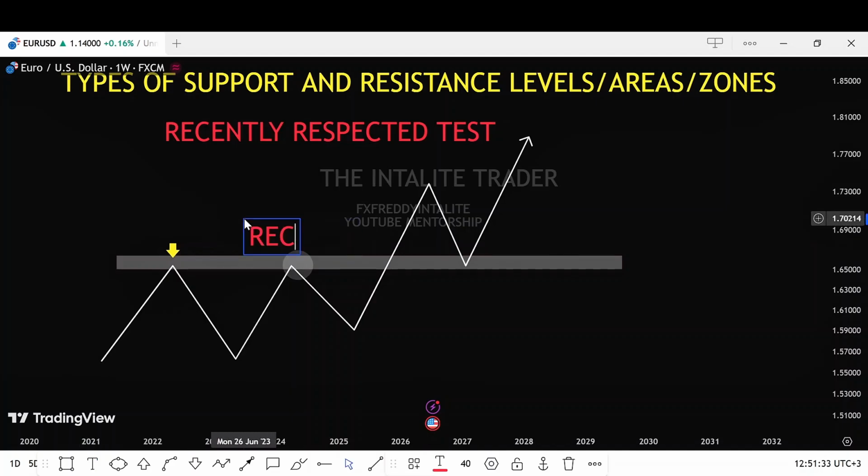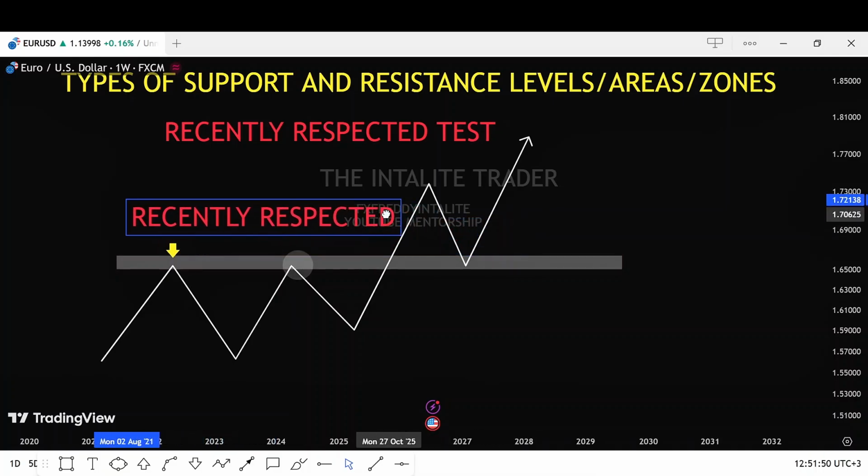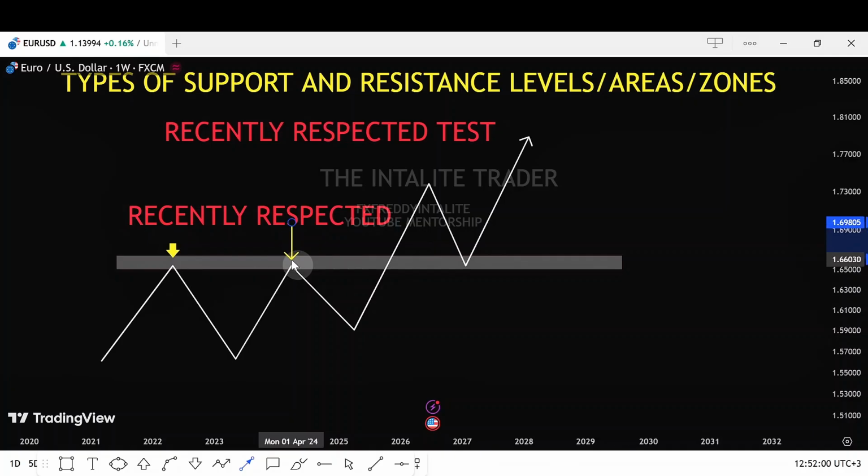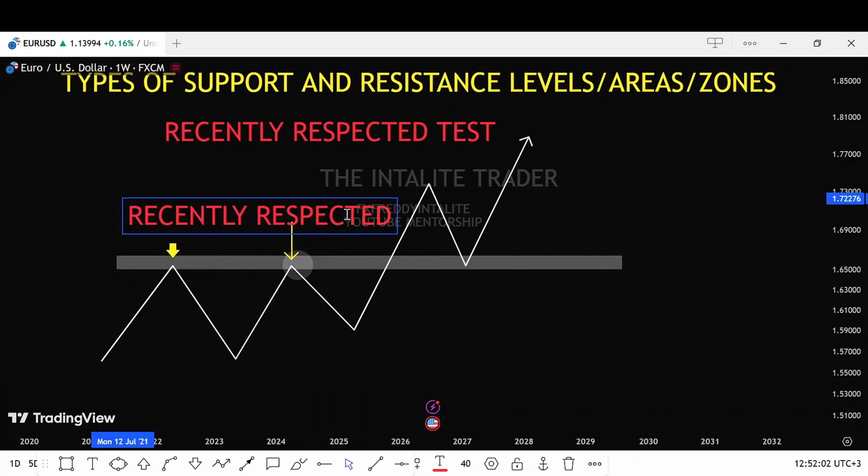Recently respected here. So this level was respected here at this point. This one is a recently respected test.